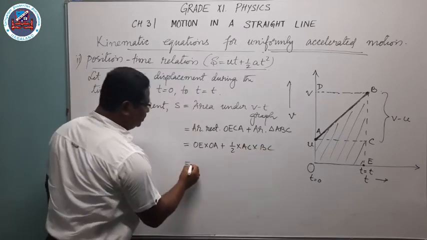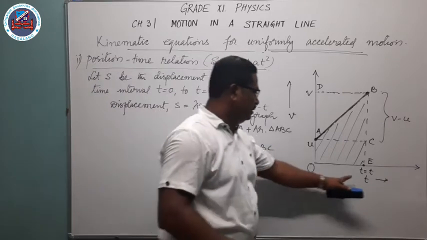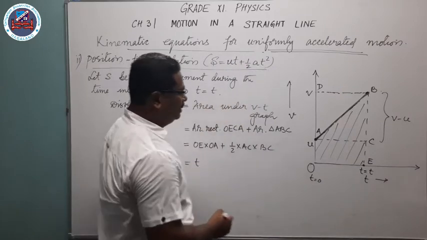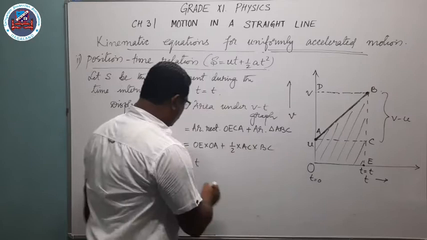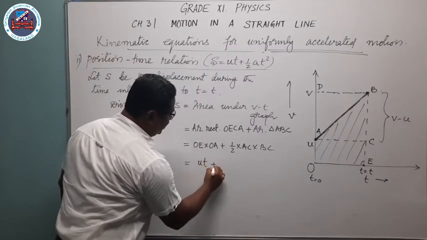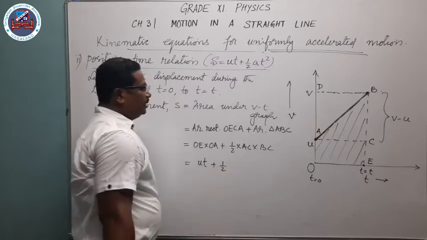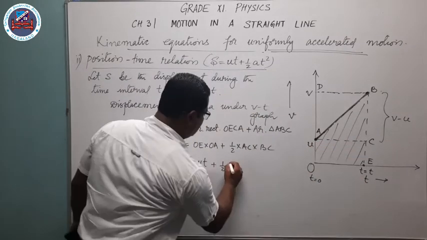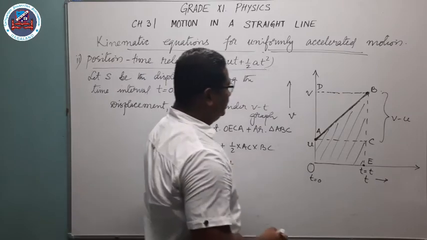Now if you put the values, OE is T. T minus 0 will give us T. OA is U. So TU or UT, better write UT, plus half of AC. AC is again time T. And you have BC.